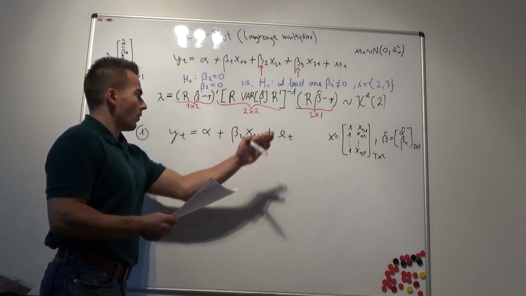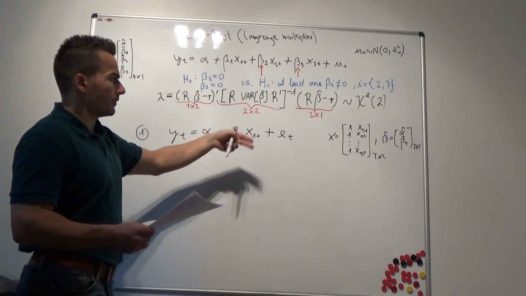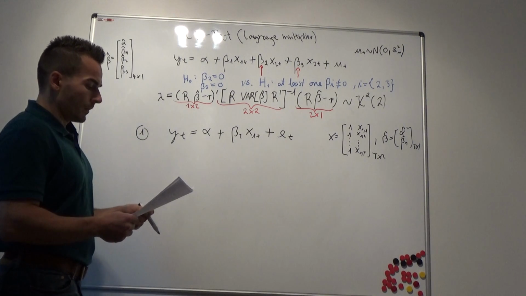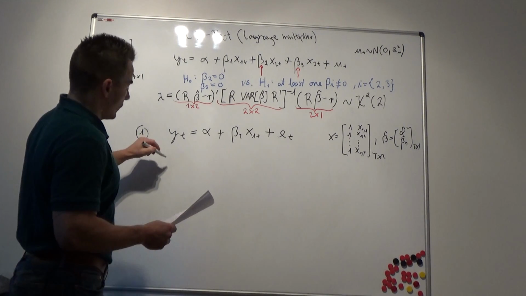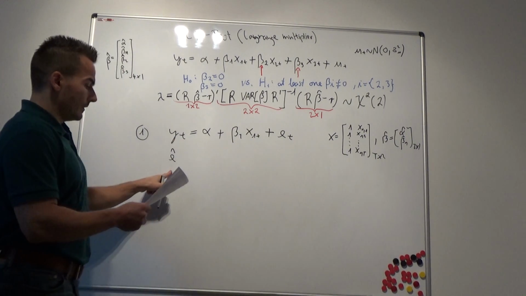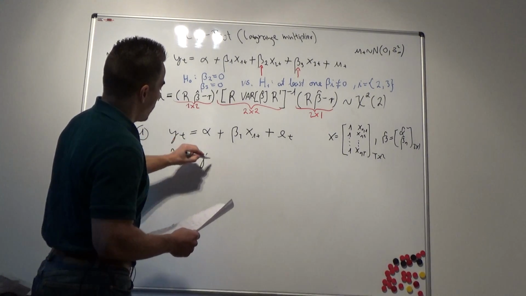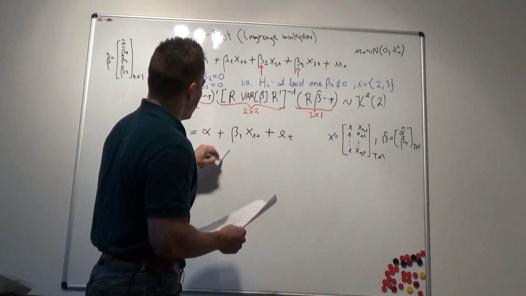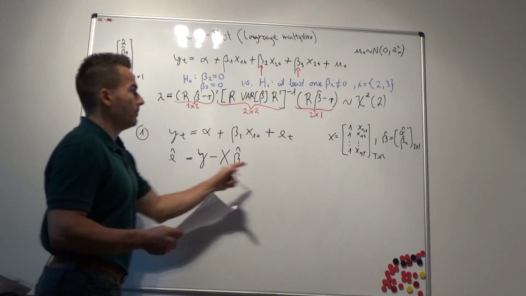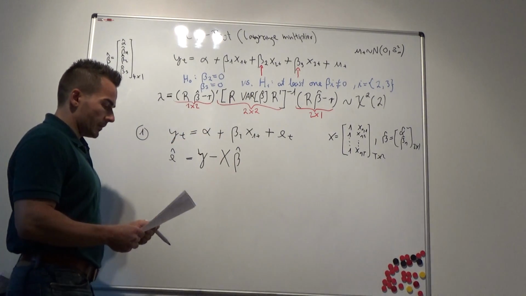So then we know how to estimate this model. We get the corresponding parameters by (X'X)^-1 X'y. Very simple. And we also know that we can estimate our residual vector, denoted as e hat, simply by our y vector minus our X matrix times our beta hat, the vector that comprises these two estimated parameters.